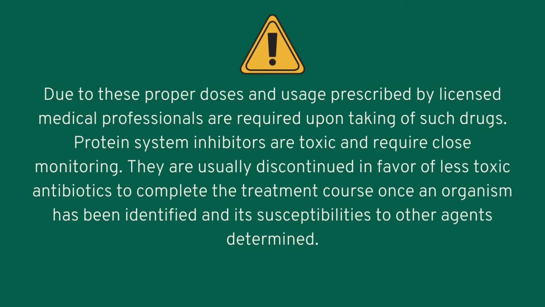Protein synthesis inhibitors are toxic and require close monitoring. They are usually discontinued in favor of less toxic antibiotics to complete the treatment course once an organism has been identified and its susceptibilities to other agents determined.